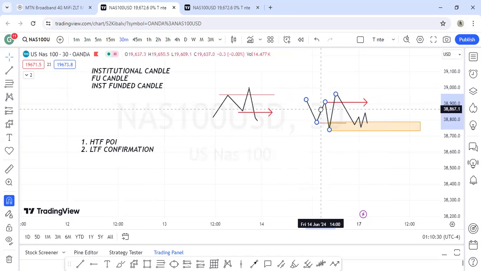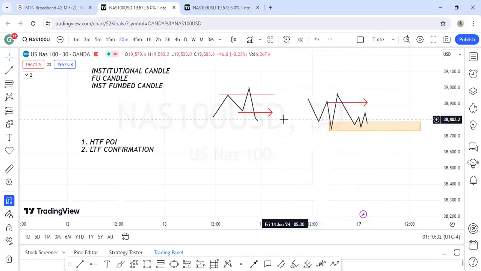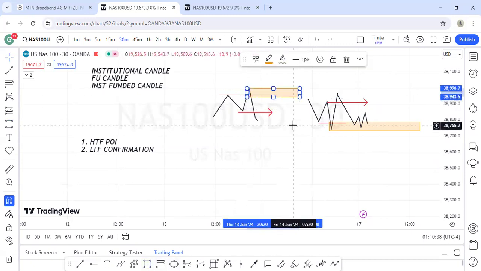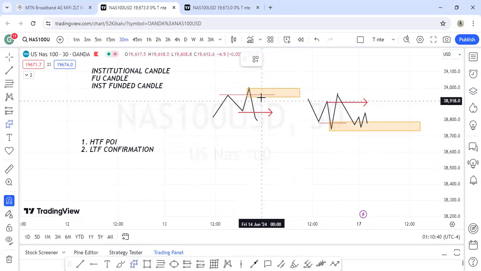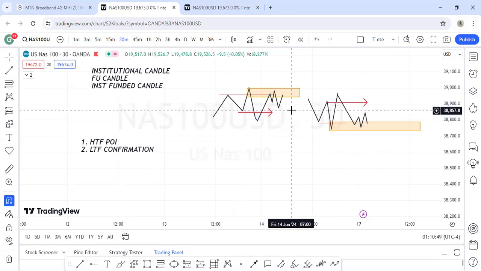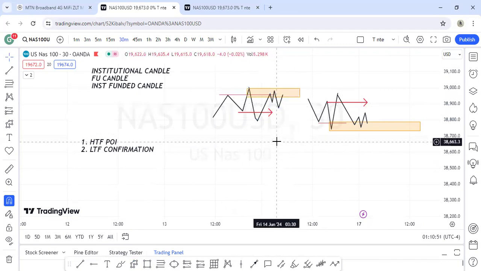You can mark that POI in time, and when price comes back inside there, wait for the market to break, and then you're in at that point of interest.